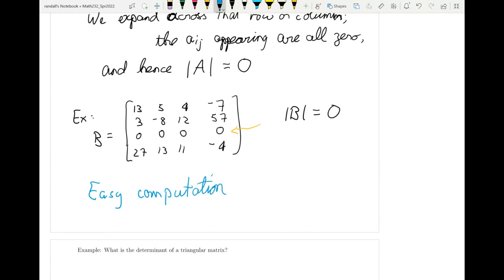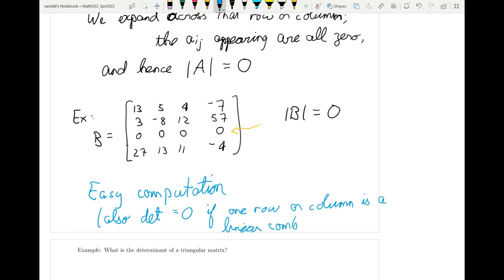Now there's something more subtle, I won't go into it here, but also the determinant equals 0 if one row or column is a linear combination of the others. That's a little bit more subtle because, as you know, it's not so obvious to tell if one vector is a linear combination of the others. But if that's true, then the determinant is 0.